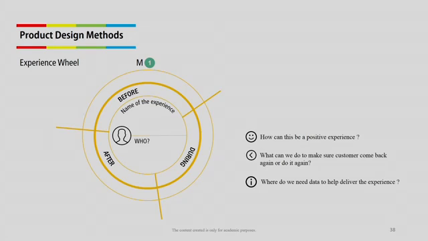For example, before getting the product, what are the tasks I have to do? For that, there may be n number of steps. So, for each step I have to divide the wheel, and for each task, what is my experience.